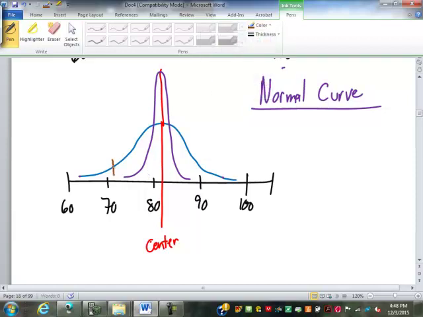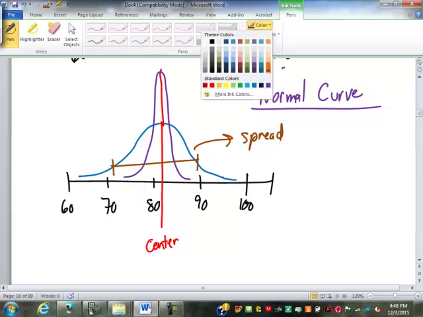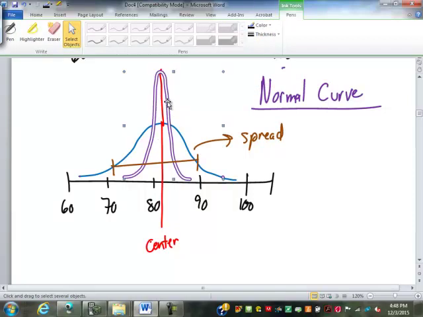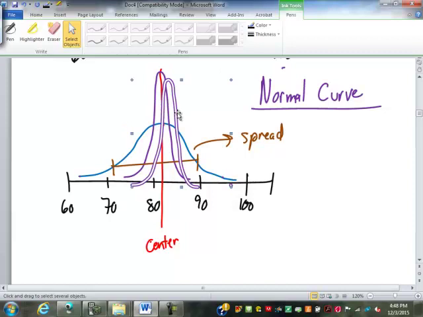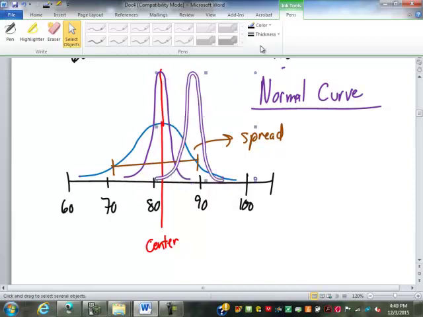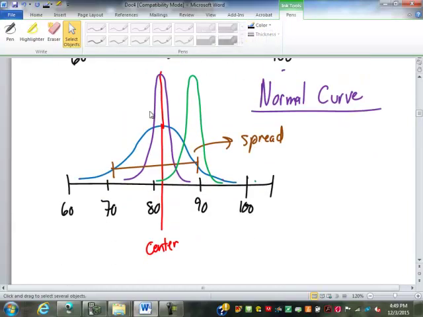That is what we call spread. The width of the curve is called the spread. I could take that purple curve and put it over here and change its color. Now the purple and the green curves have the same spread, but they have a different center.